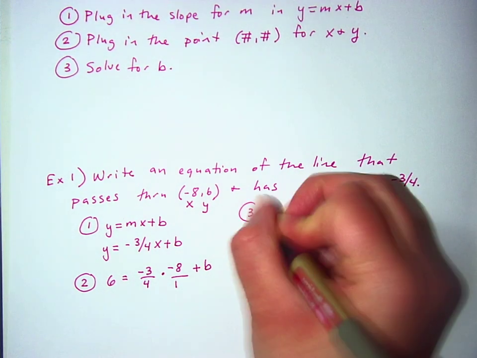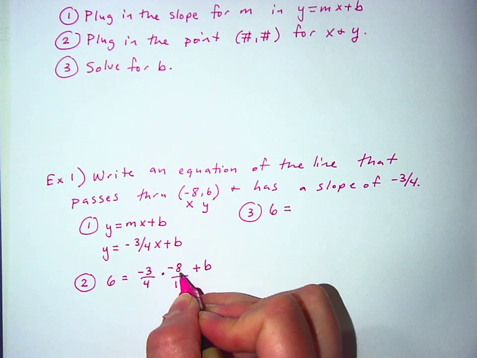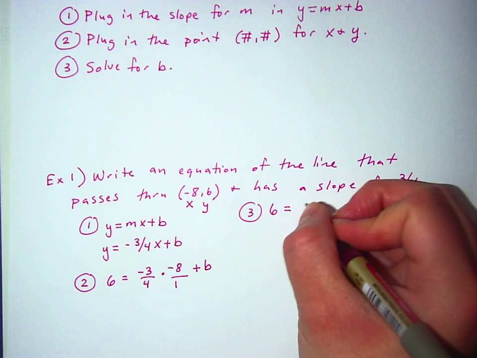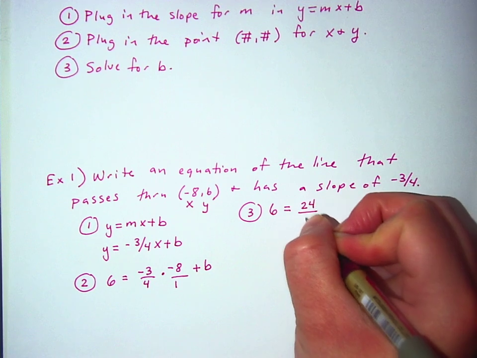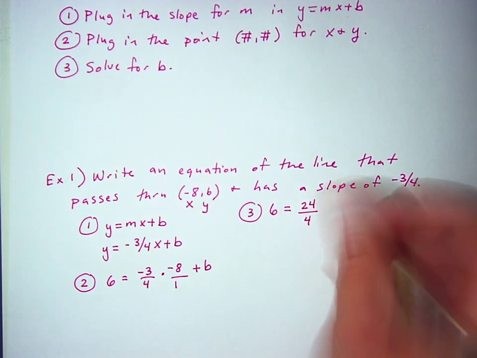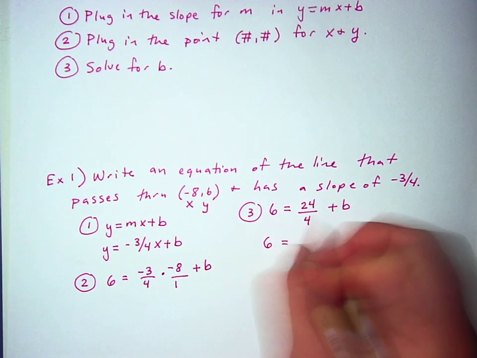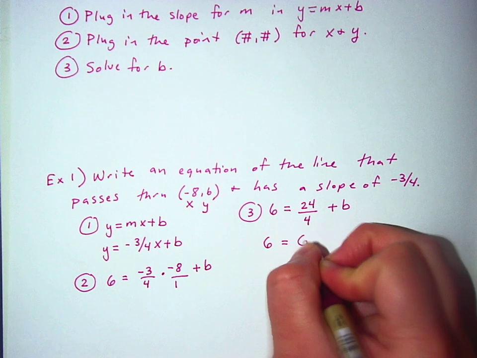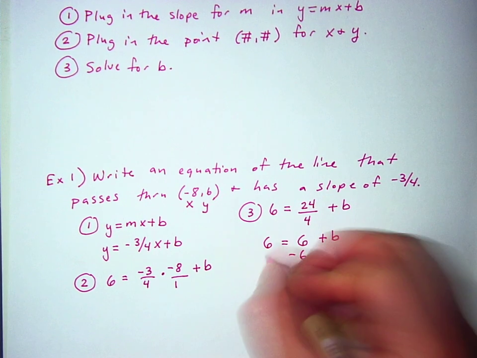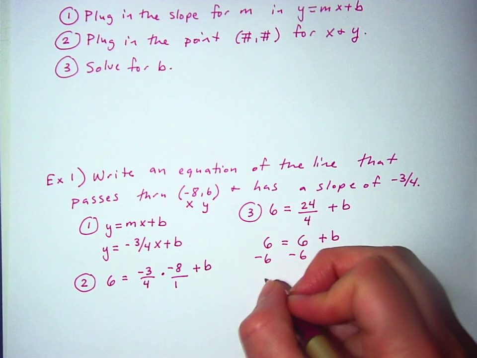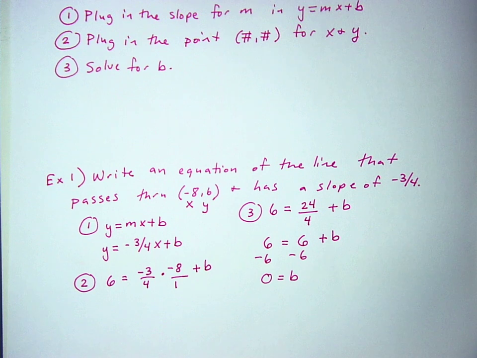So for step 3, I've got 6 = -3 times -8 is positive 24, and that's over 4 because the bottom is 4 times 1, plus b. That makes 6 = 24 divided by 4 is 6, plus b. And then if I subtract 6 on both sides, I end up with 0 = b. All right, that's done.